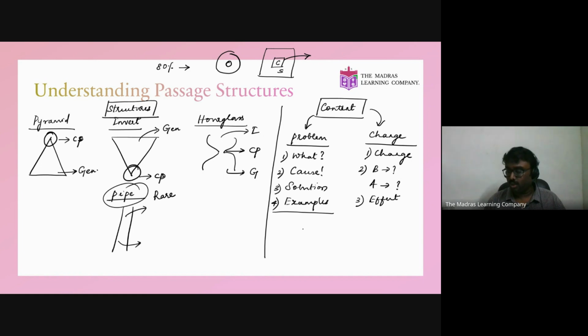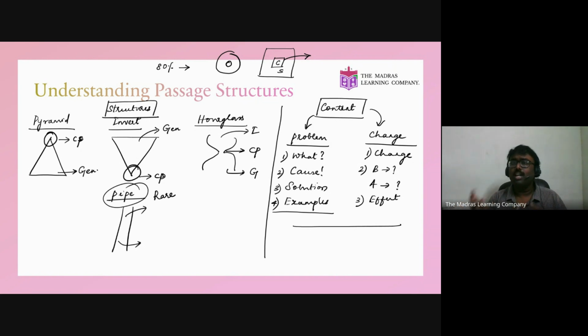As long as you understand this, you'll be able to understand the passage in general. Now, I'm not saying your questions will be this. Don't misunderstand that. Your questions may not be related to this. But if you ask these questions and start answering them, then you will understand the passage on a very high level. So when you read the passage for the first time, I would want you to start consciously guessing what the passage structure is and what the passage content is.